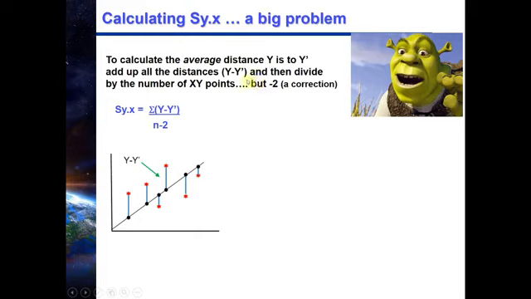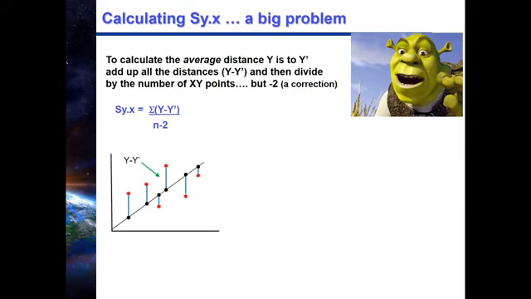All right, so let's look at how we would calculate the average distance y is to y prime. Well, we can just figure that out and say, well, what do we have to do to find an average distance? We did that when we first learned about variable x and we wanted to calculate variance and standard deviation. Remember, we needed to figure out, well, how far is each x from x bar?